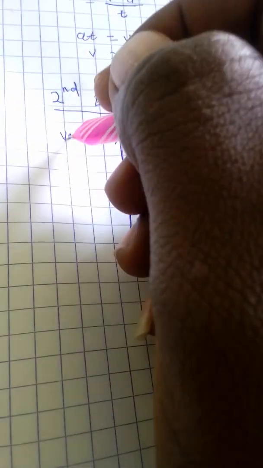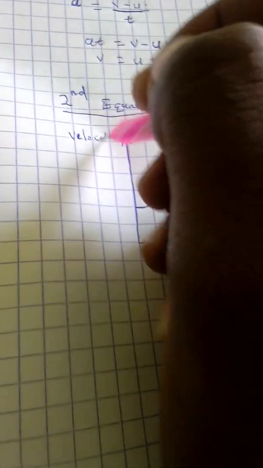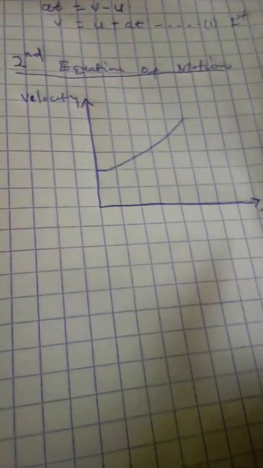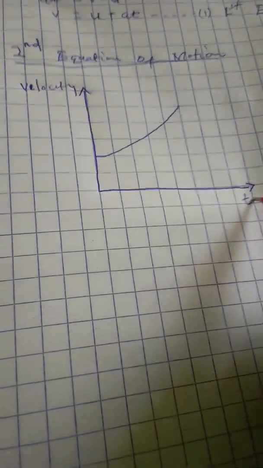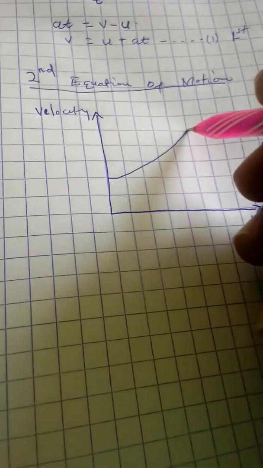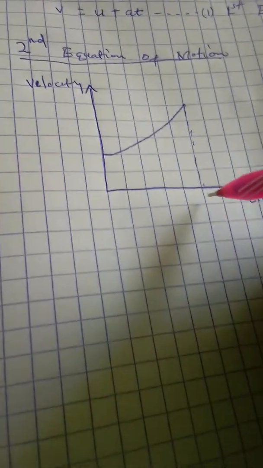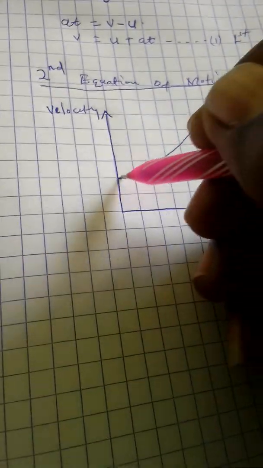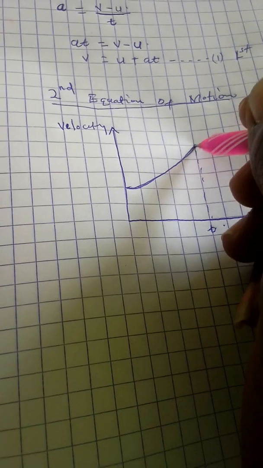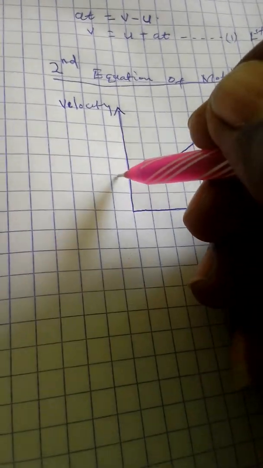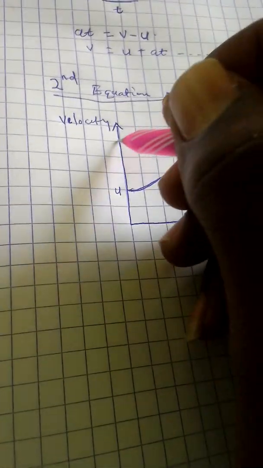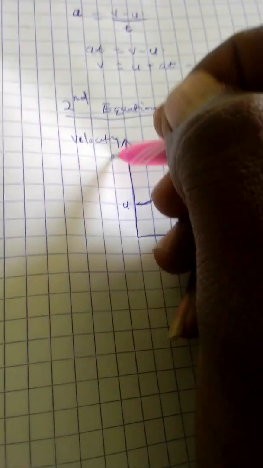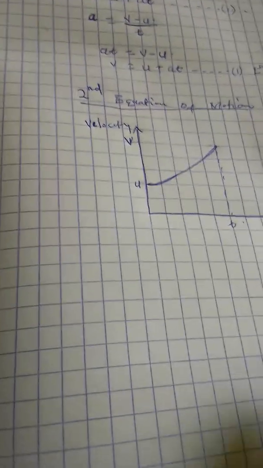And this is the shape of the velocity time graph. On the y-axis we have the velocity, and on the x-axis we have the time. Let's make the final time to be t. Here is the initial velocity, u, and here is the max, the final velocity, which is represented by v.